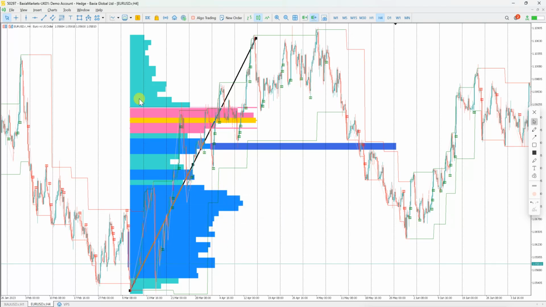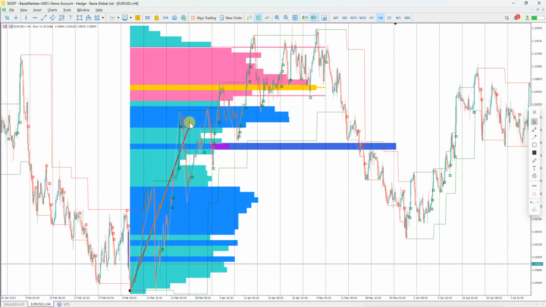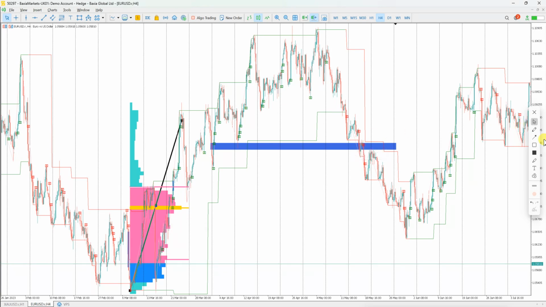This used to be a value zone, a value area. When we plot from here to here on the 21st of March, this used to be a value area. Okay, this used to be a value area.